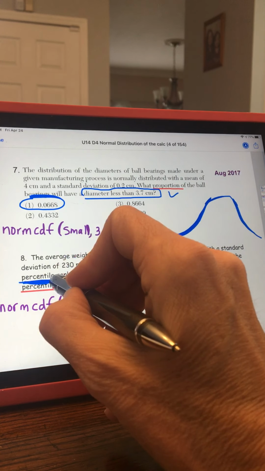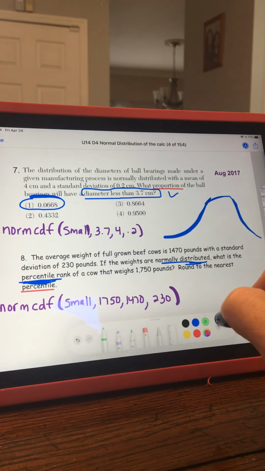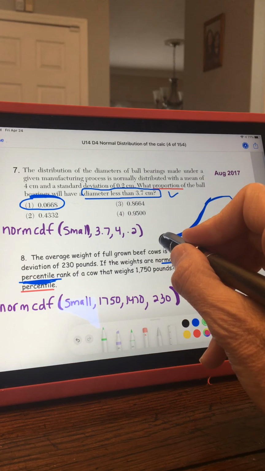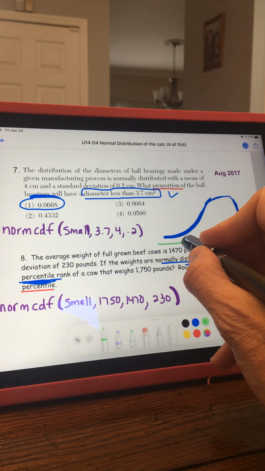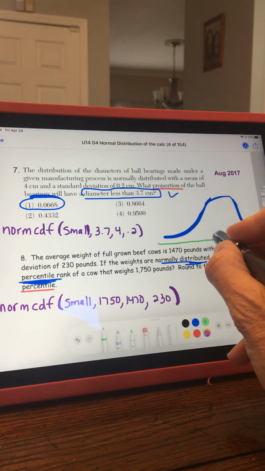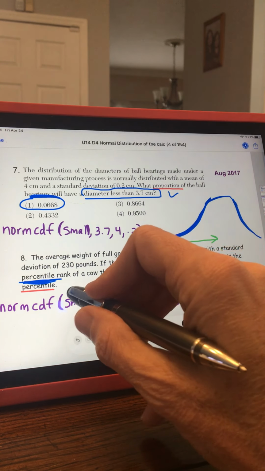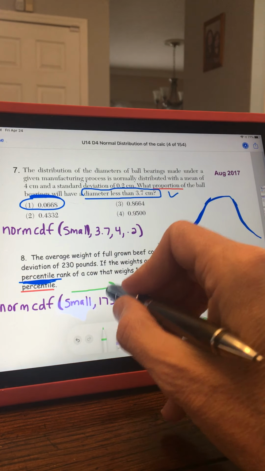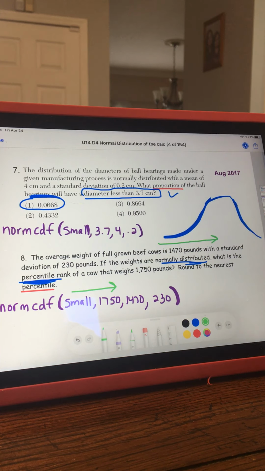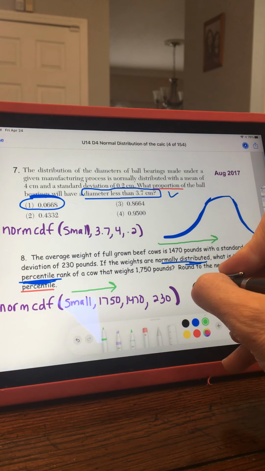So look, percentile ranking, hopefully you're remembering from the previous day. How do we get the percentile ranking? That's going like this, adding up the percentages, starting at the bottom, which makes sense because we're going small up to 1750. So we want to see where that cow lands. So if we put that into the calculator, go ahead and pause and do it.